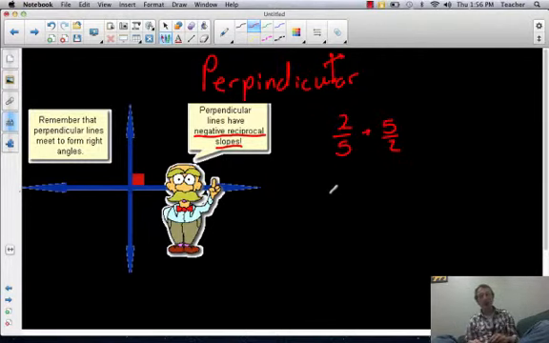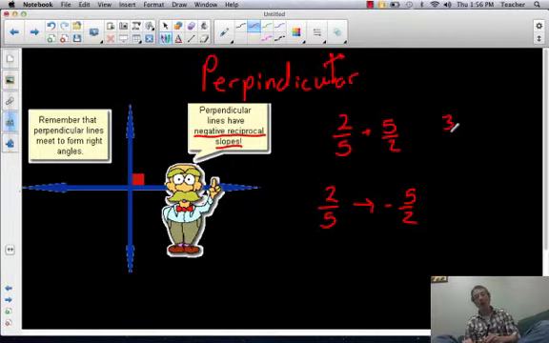Now, a negative reciprocal: let's say we have 2/5 and we want a negative reciprocal, all we do is we take the opposite of it. So 2/5 would be negative 5/2, or let's say we go negative 3/18. Its negative reciprocal would just be 18 over 3.